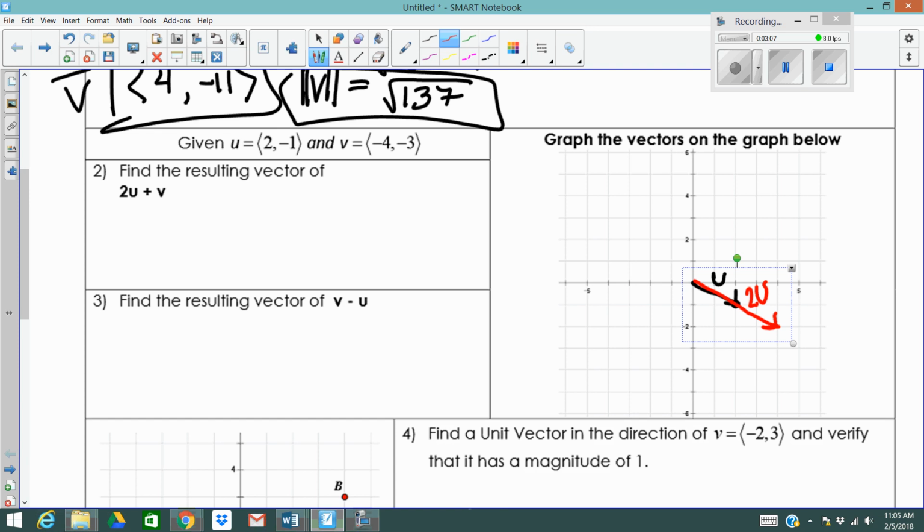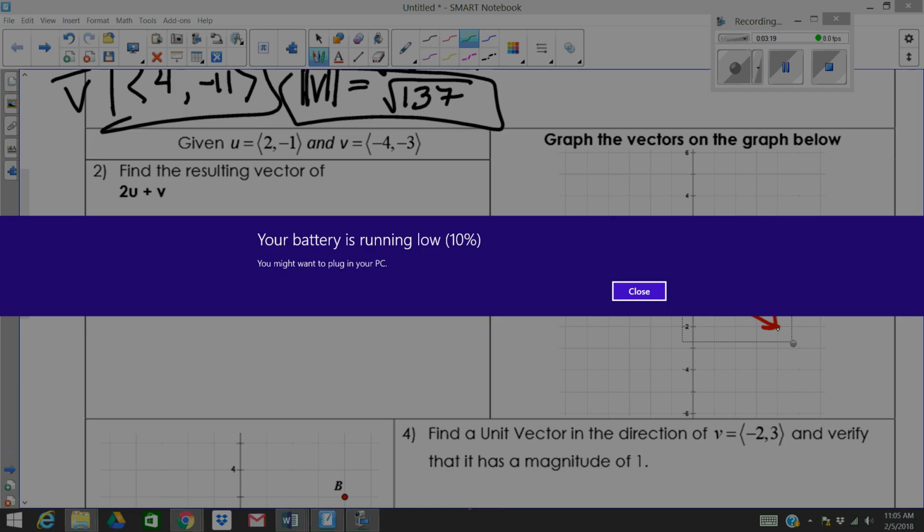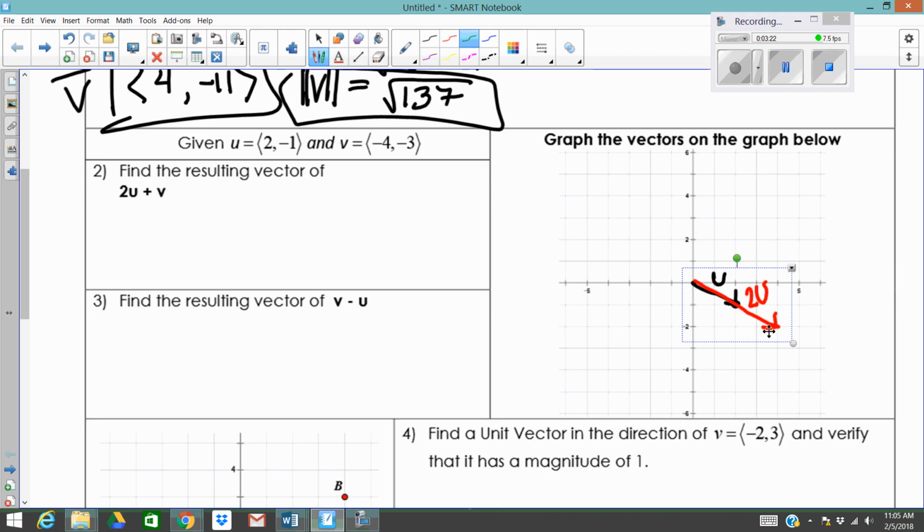Now I'm taking vector 2u and I'm adding v to it. So from the terminal point of the vector 2u, I will now draw in the vector v. From the terminal point of 2u, I'm going to go left 4, 1, 2, 3, 4, and down 1, 2, 3, to the point (0, -5).